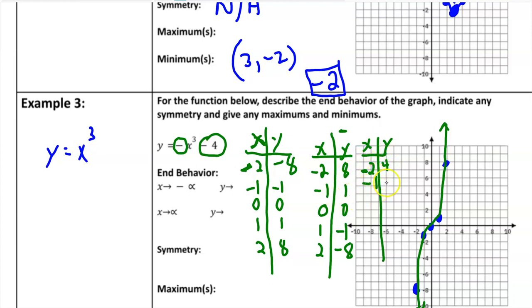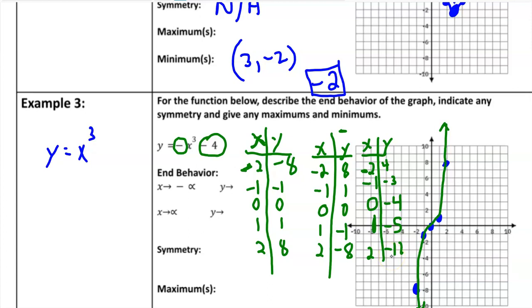Negative 1, 1 minus 4 is negative 3. 0, 0 doesn't change, but I'm going to subtract 4, so it'd be negative 4. 1, negative 1 minus 4 is negative 5. And then negative 8 minus 4 is negative 12.